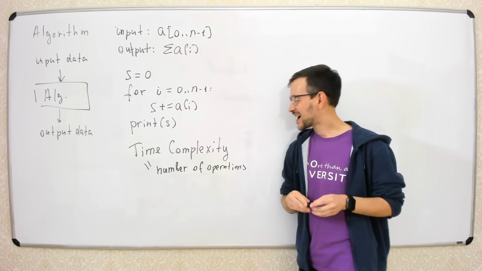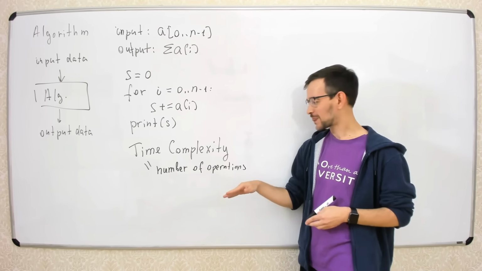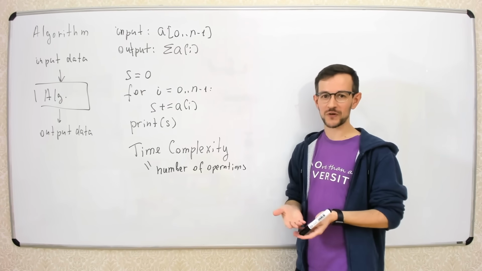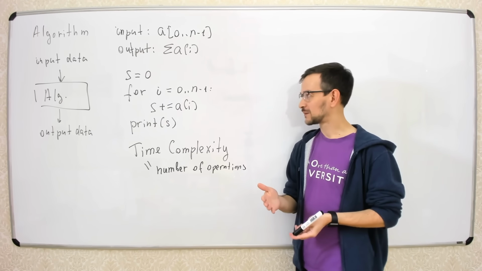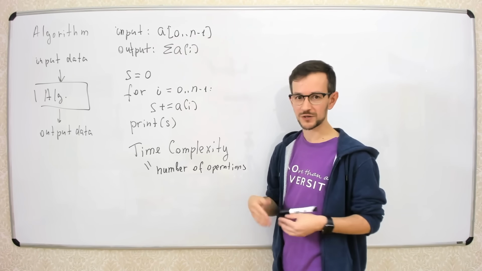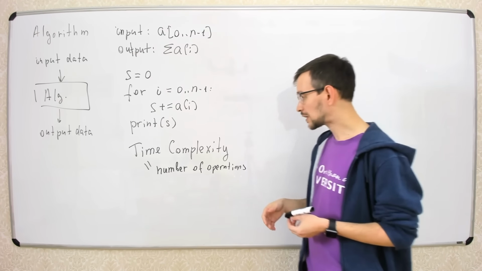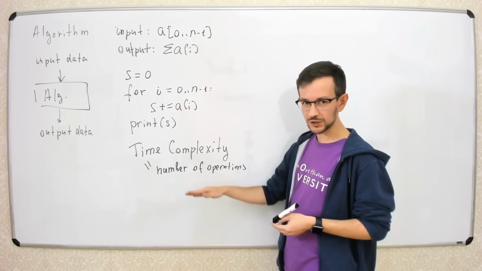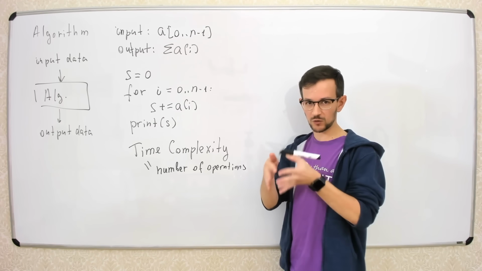Again, if you want to measure number of operations, you need to fix the set of operations. Like what operations are here? I don't know. Maybe this one operation, maybe it's 10 operations, maybe not. So to measure number of operations, you need to fix the environment you're working with.